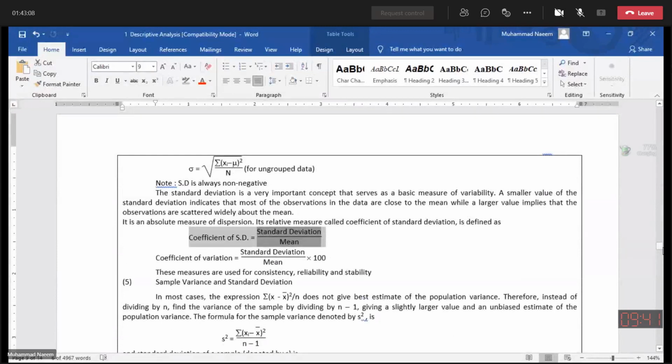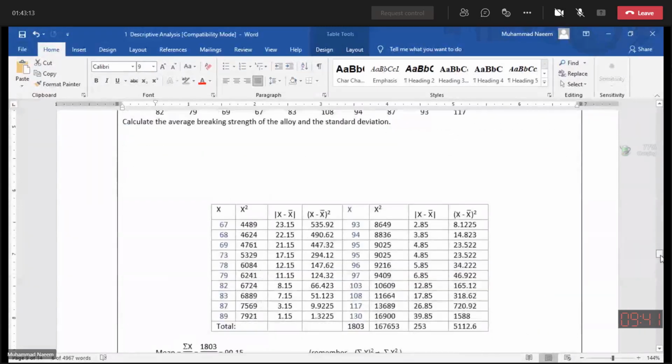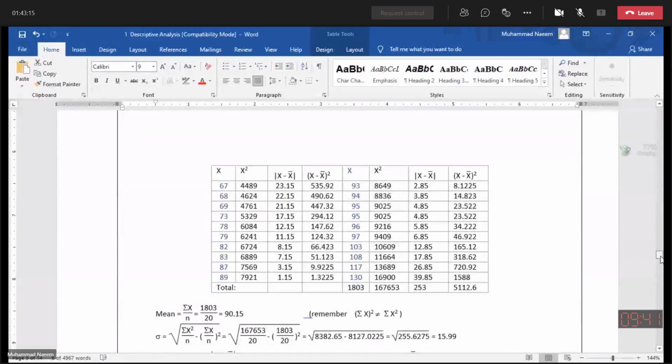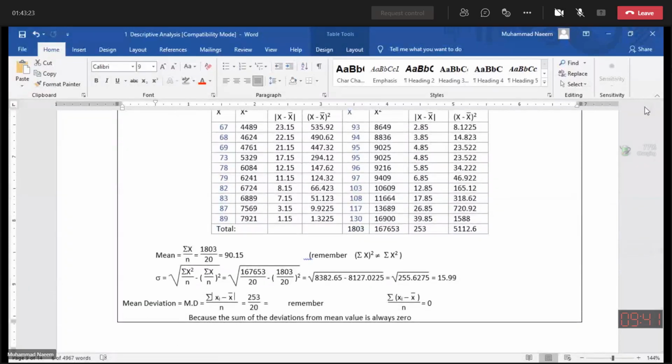For the calculation of all these measures, we just have to construct a table. For example, we are given these blue highlighted 20 values in our data.